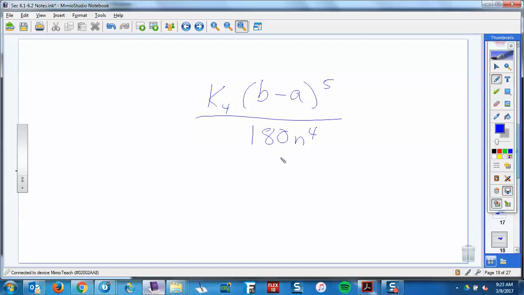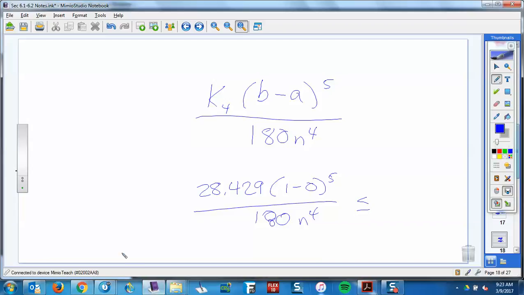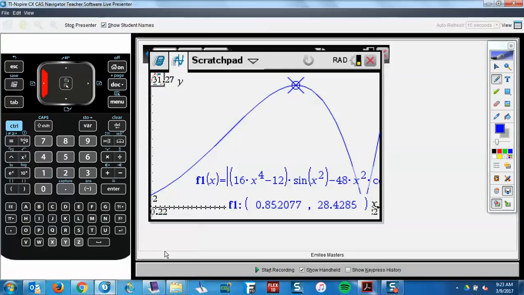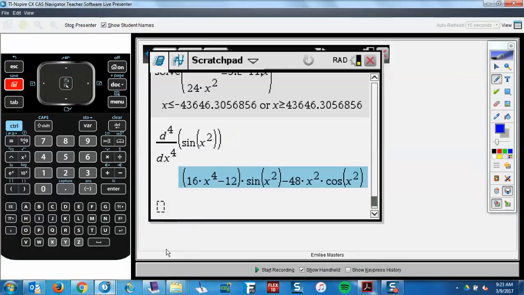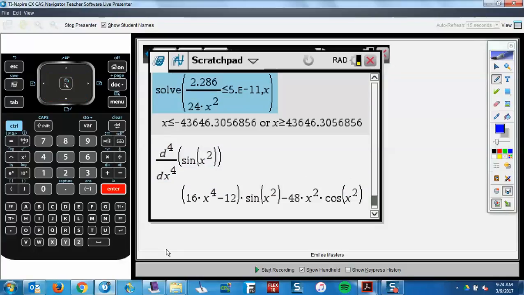Okay, so 28.429, and that's going to be times 1 minus 0 to the 5th, over 180 n to the 4th, less than or equal to the tolerance. Go to your calculator, Emily, arrow up and grab that.